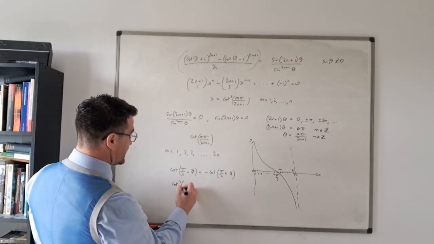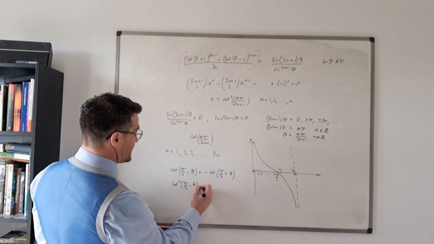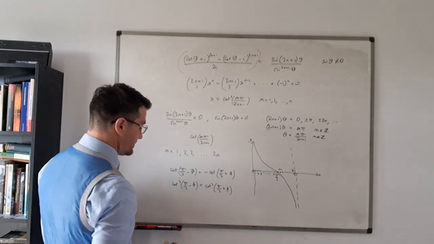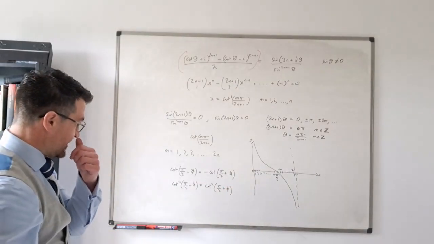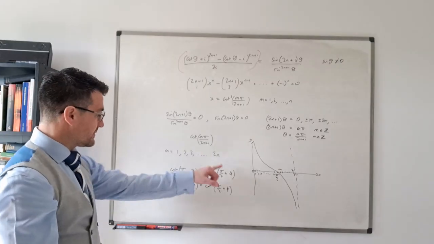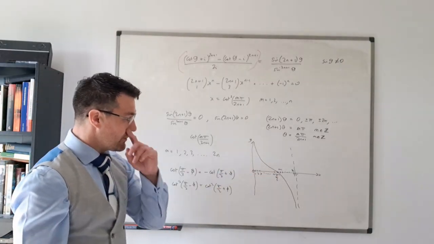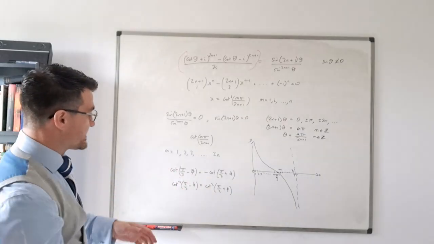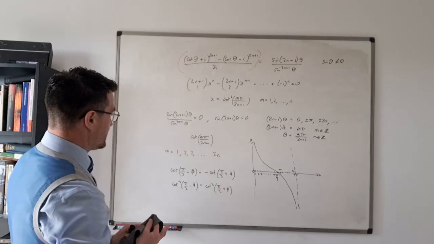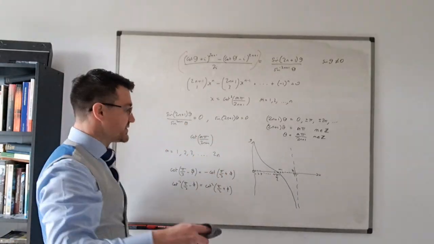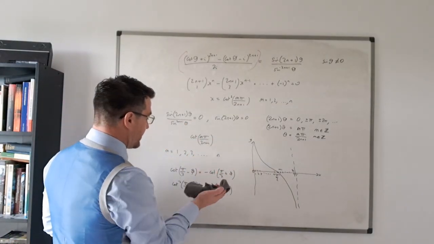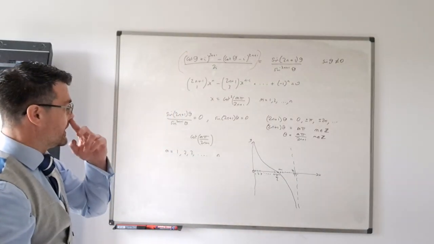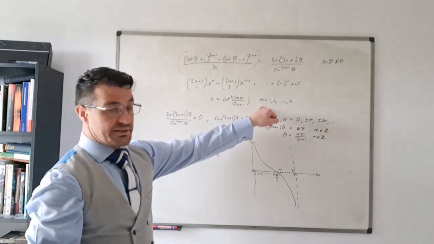So cot squared of pi by 2 minus phi is going to be equal to cot squared of pi by 2 plus phi. That's the idea that I'm using, this rotational symmetry about pi by 2. Great. So that means that I can get rid of the values from n plus 1, n plus 2 up to 2n. So I've got things down now to m equals 1 to n, which is what I needed.